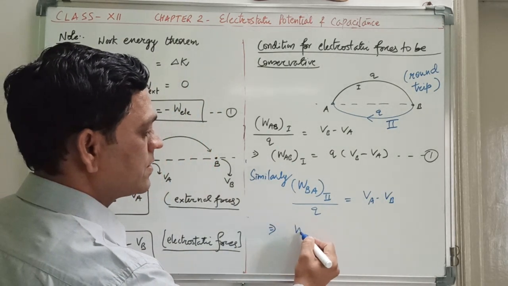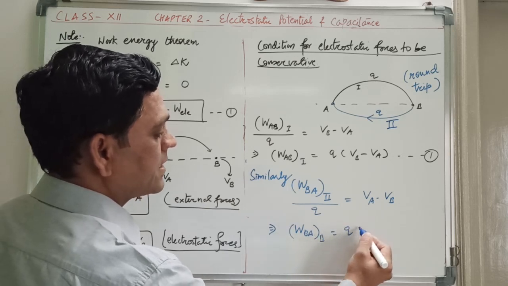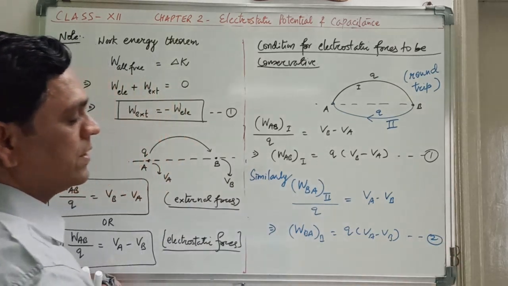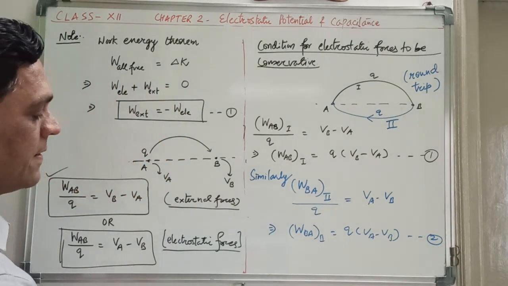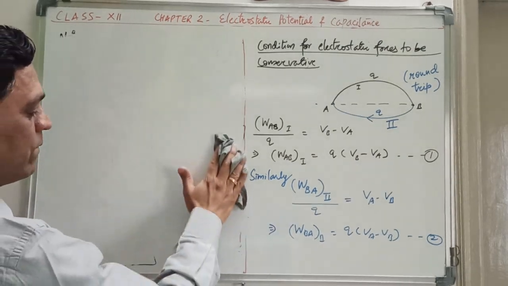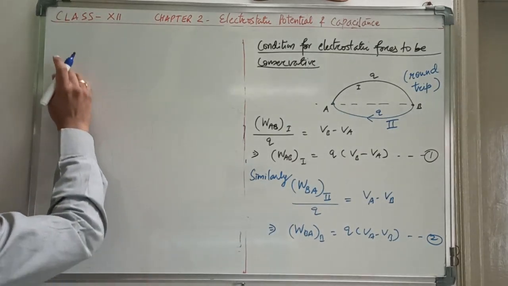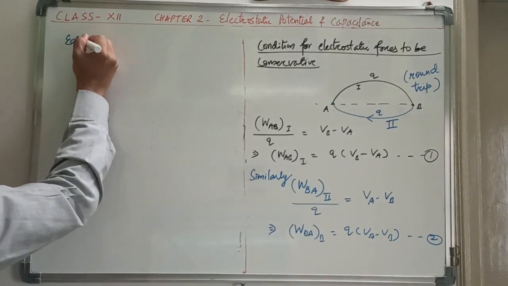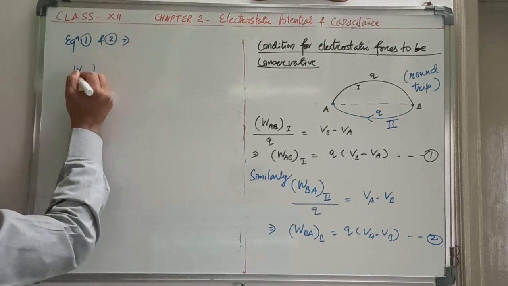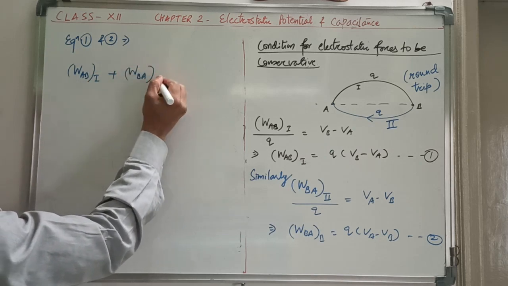So this becomes WBA second is equal to Q into VA minus VB. This is equation number 2, isn't it? So you can say now equations 1 and 2 imply WAB first plus WBA second.